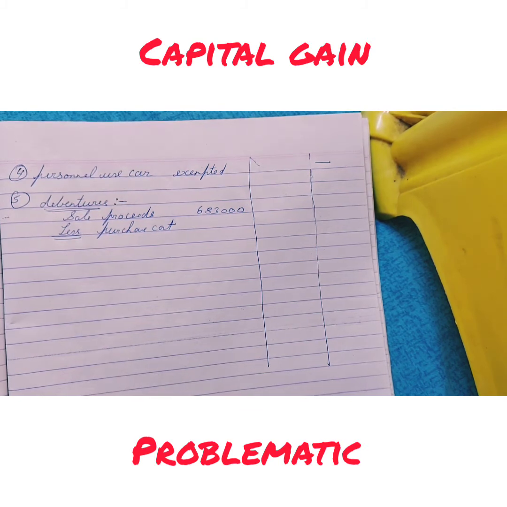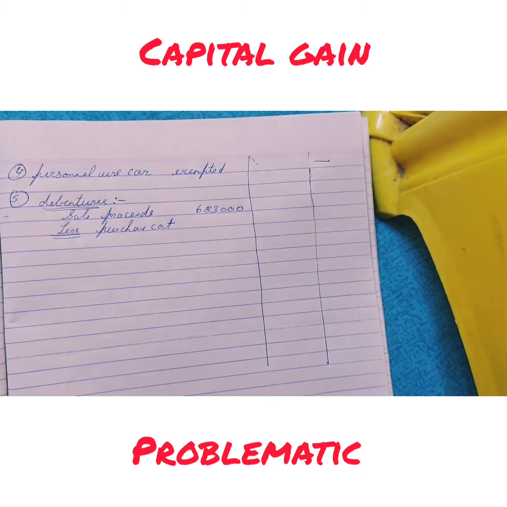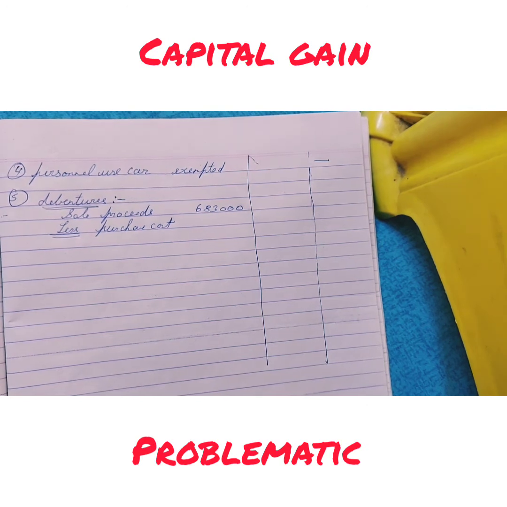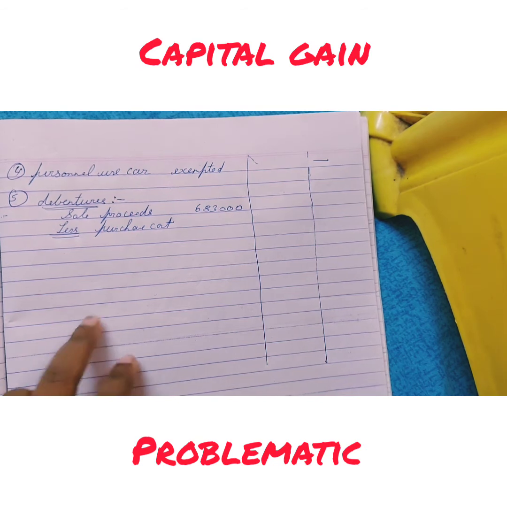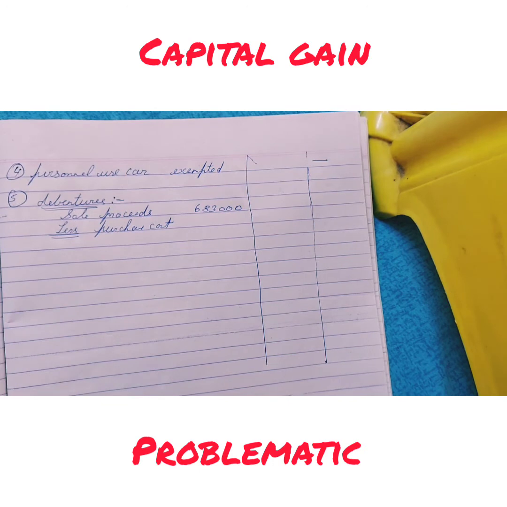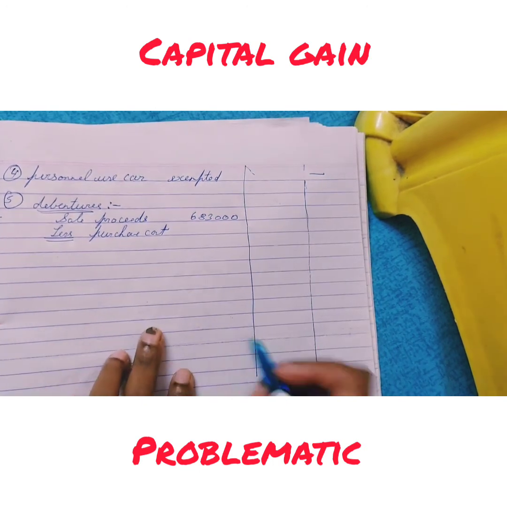So debentures is nothing but we take a loan from, say for example, we purchase the loan of a company, a private company or a government company, and in return for purchasing that loan we get interest. Okay, so for debentures, improvement or index cost of acquisition will not come. We have not acquired anything, we have given something. So that is the reason: purchase cost.